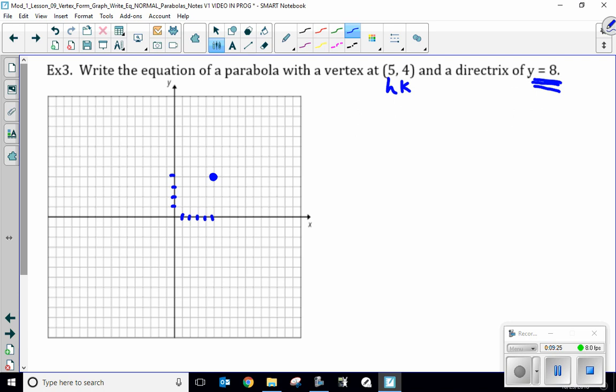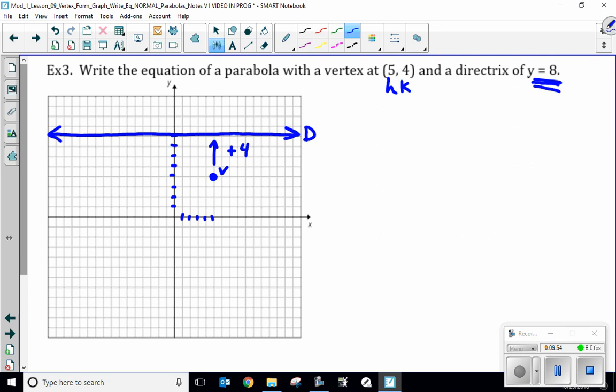Right there, that's my vertex. My directrix is at 8. So if I go up 1, 2, 3, 4, that's 8. And notice, to get to my directrix, I go up 4, don't I? Which means to get to my focus, I go down 4. My vertex is always exactly in between my directrix and my focus.